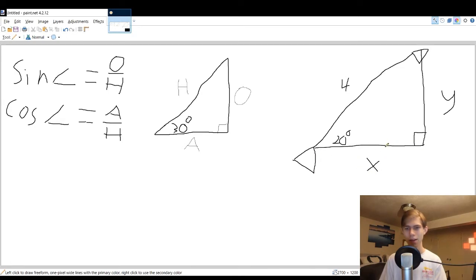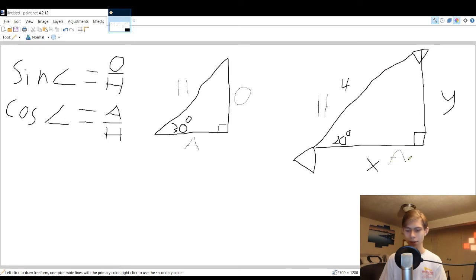So let's label these sides. The 4 is the measure of the hypotenuse, and x, this distance right here, would be the adjacent side.